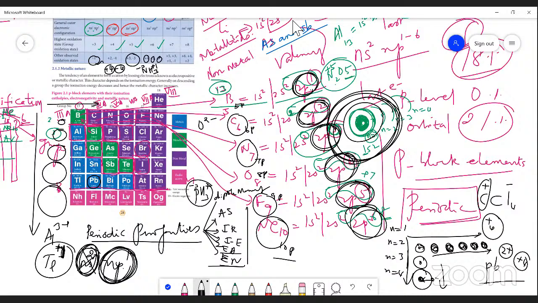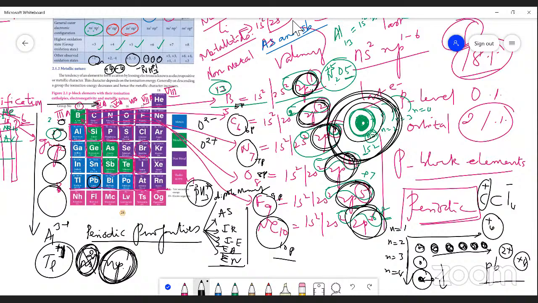And 2 plus oxidation state is also possible in the case of oxygen. And elements like polonium also have 4 plus oxidation state. Now we come to the fluorine family: +5 oxidation state, +3 oxidation state and +1 oxidation state.